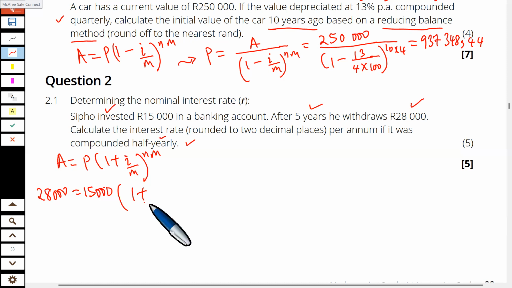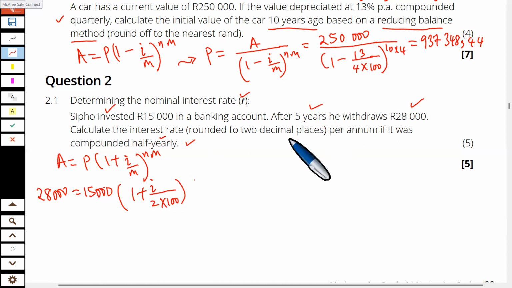It works well. So now you say, okay, this is what they want. They just called it R there. You can use R, but it's compounded half yearly, so it's twice a year, times 100. You always divide the percent by 100.